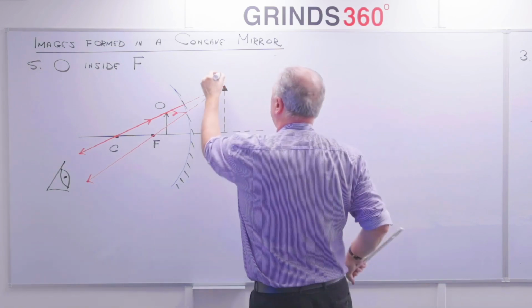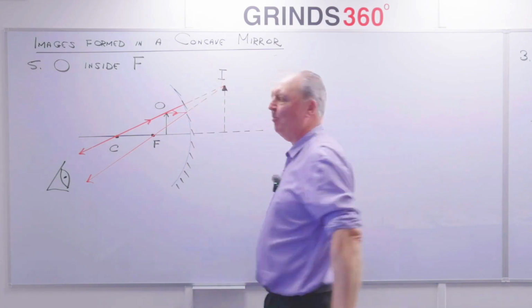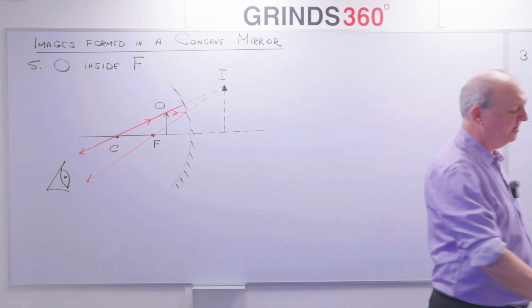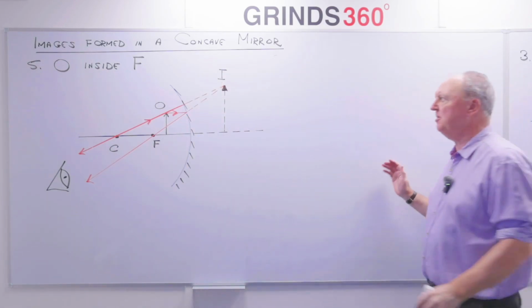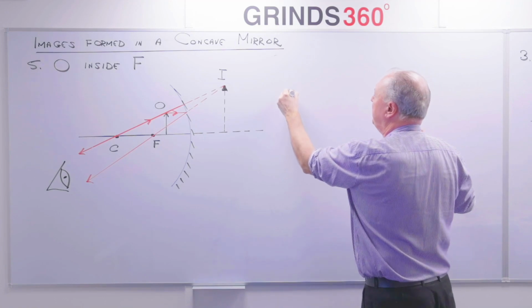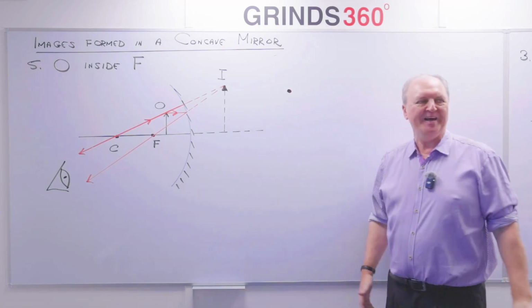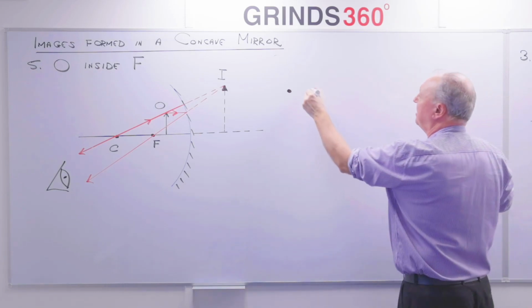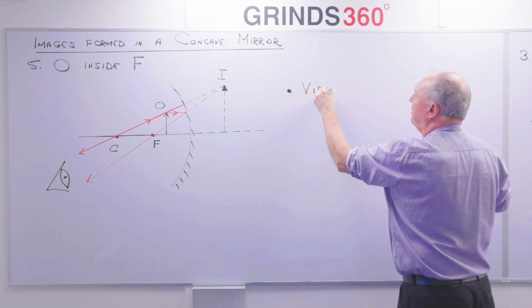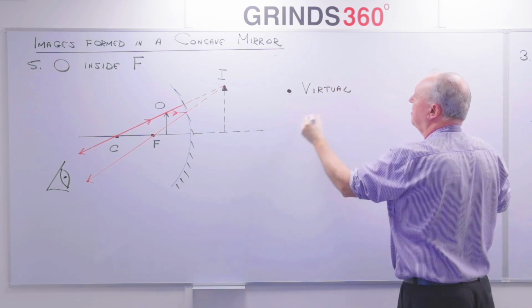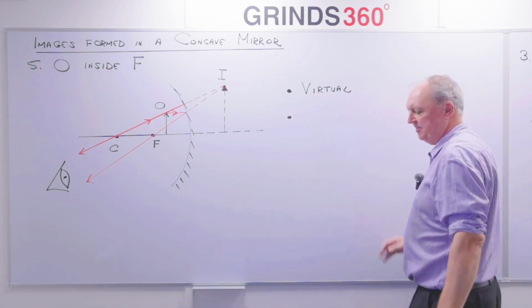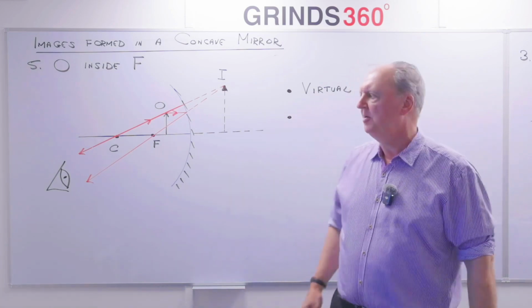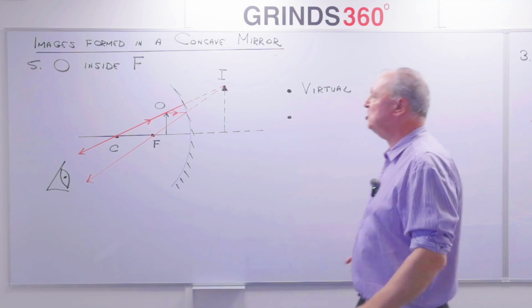So there's my image. And what can I say about that image? Well, what's its nature? The first thing, is it real or is it virtual? Well, it's obviously virtual because the rays of light only appear to meet in your mind's eye. It's a virtual image. What about the size of it compared to the original? Well, compared to the original, it's much bigger.